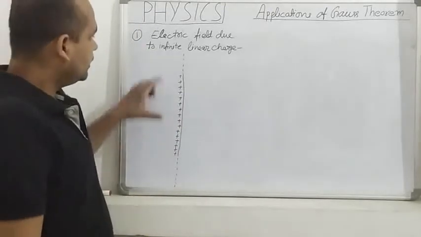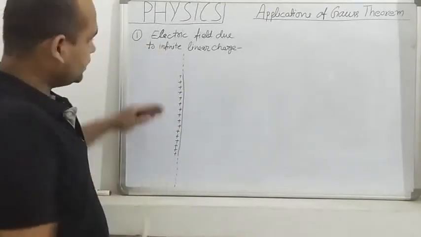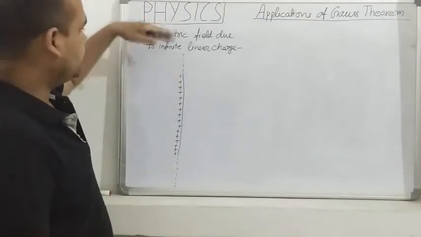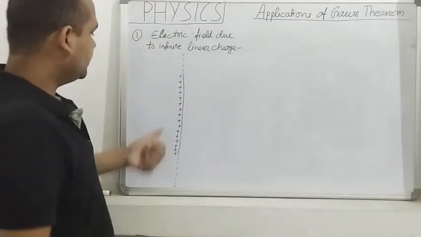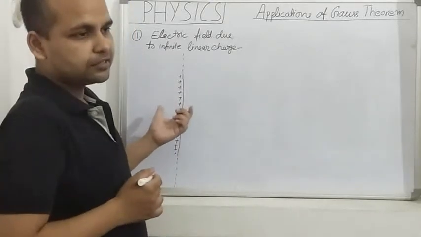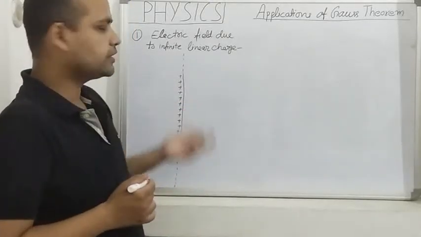You can see here, this is a linear charge which extends at both the ends infinitely. So if this is the case, then how can we find the electric field?